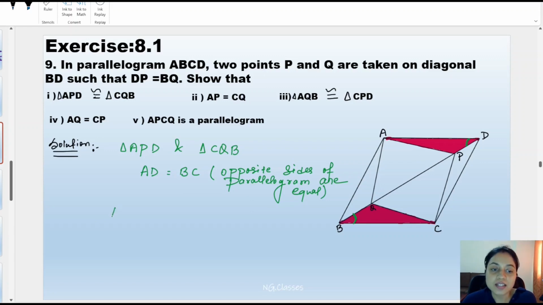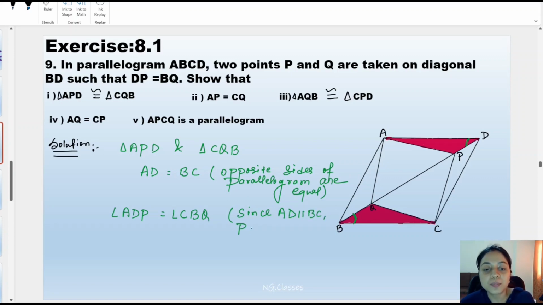So let's write it. Angle ADP is equal to angle CBQ. Since AD is parallel to BC and these two are a pair of alternate interior angles.